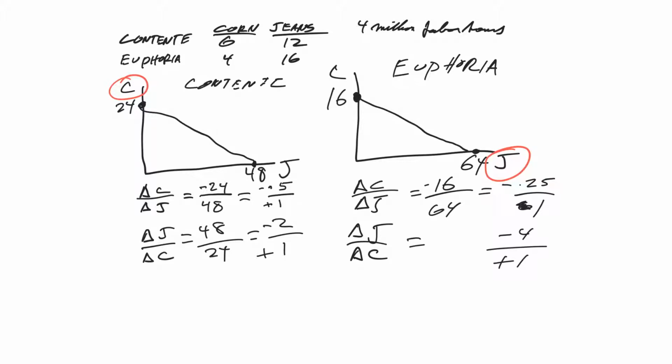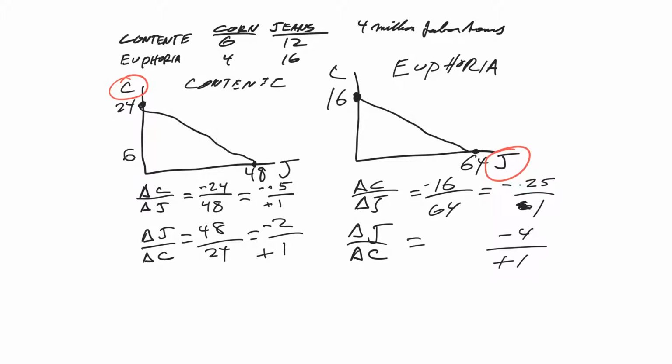Well, Contente can produce 6 per hour, so 1 million hours times 6 tells us where they're currently producing.